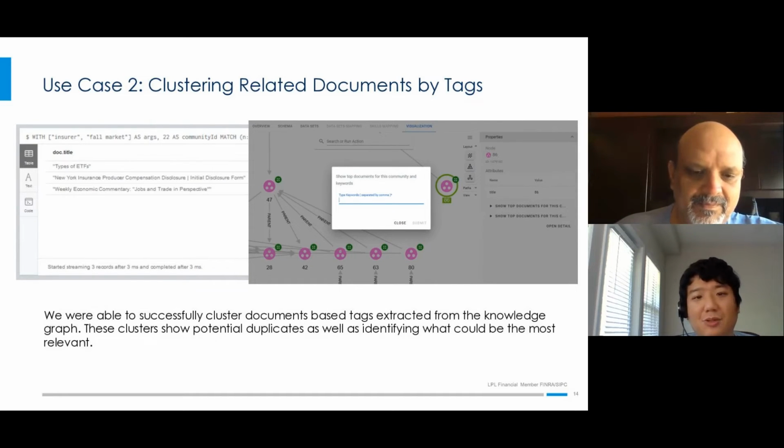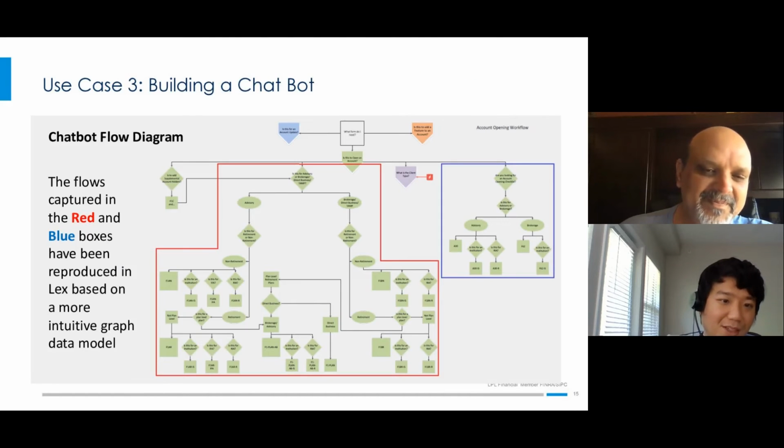This use case is still a work in progress, which is why it isn't mentioned as prominently. The more important use case is really the chatbot and search, but this is one of the asks from our omni-channel team.